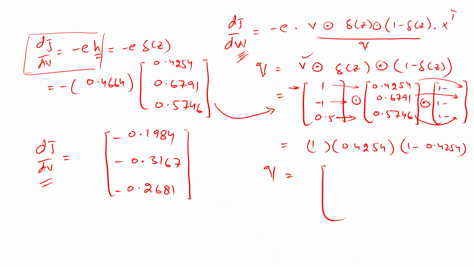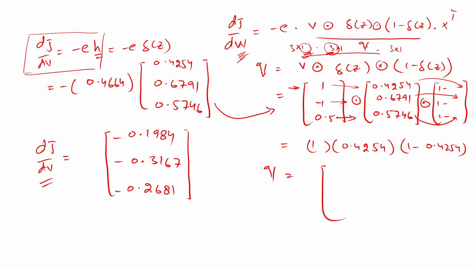a row vector. Why do we have to do element wise multiplication? Because this v is 3 cross 1, this is also 3 cross 1, and this is also 3 cross 1. So this multiplication is not compatible if we follow the rules of matrices, because this 1 is not equal to this 3, right? For matrix multiplication to be compatible, both of these should be the same.